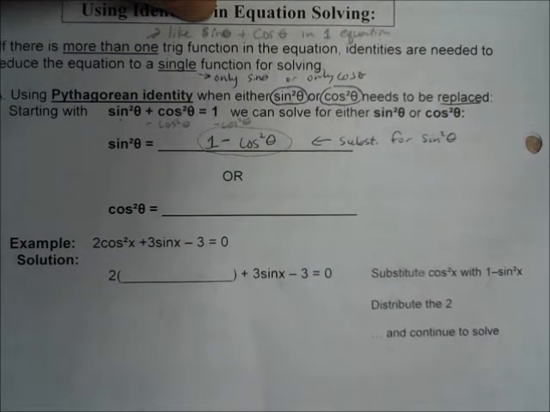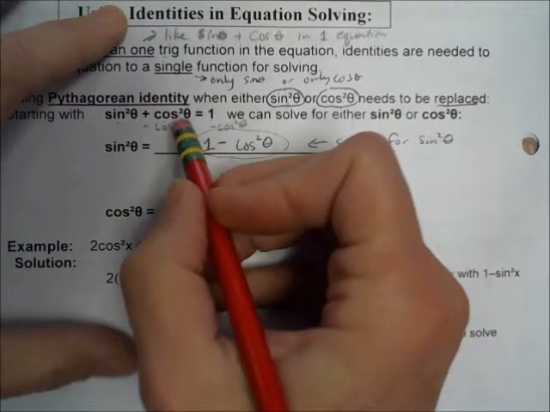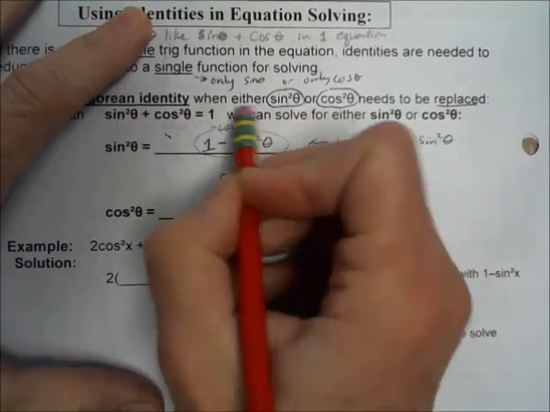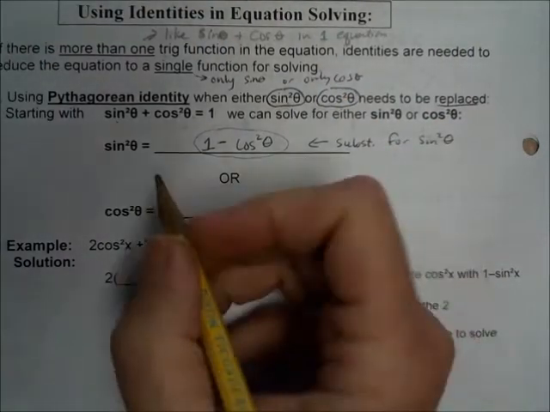The other thing we can do is if we see a cosine squared in our equation and we have just a regular sine of theta in that, we can do the same type of substitution.